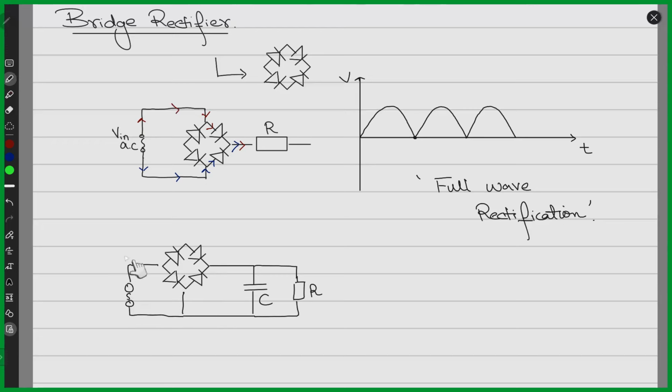This one. So if the current goes in this way, it's going to go through this direction, this direction. It will also go through this other direction, and then it will go through this one, and this one. So it's still the same as what was happening before.